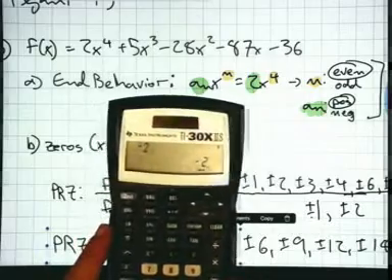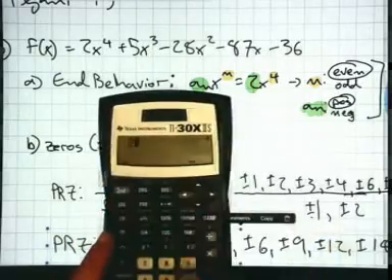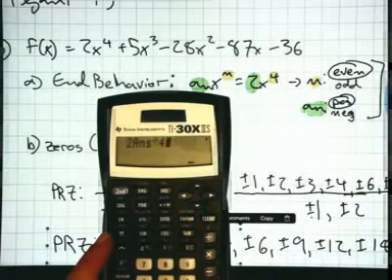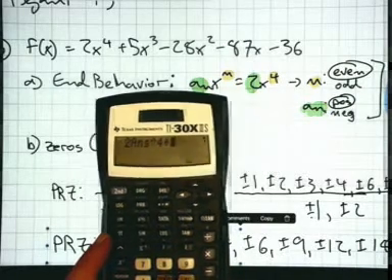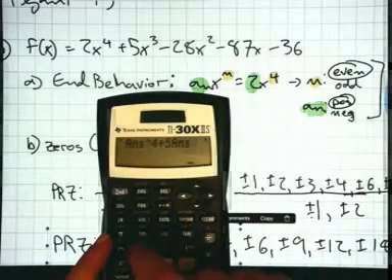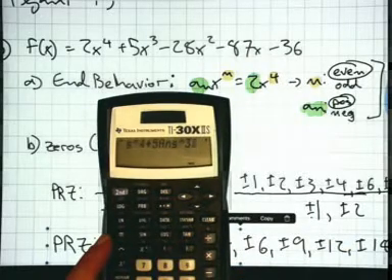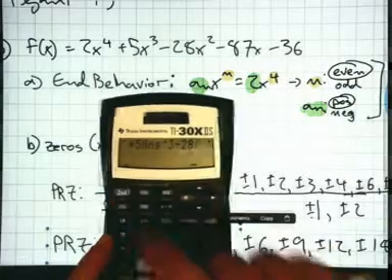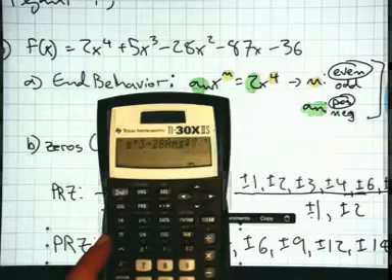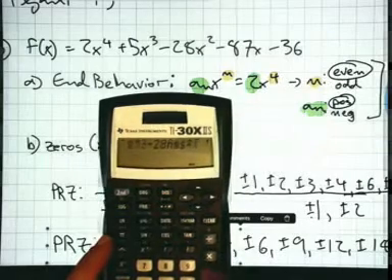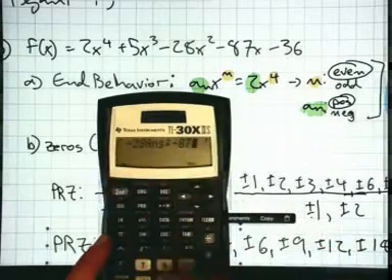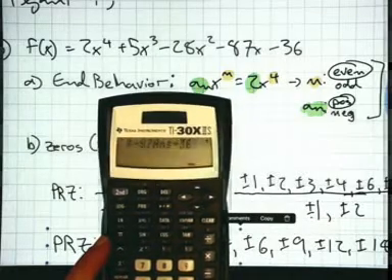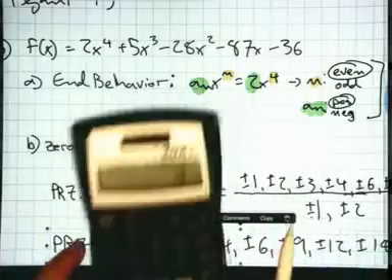So we have 2, then second answer to the 4th, plus 5 second answer to the 3rd, minus 28 second answer squared, minus 87 second answer, then minus 36, hit enter, and we get 18.